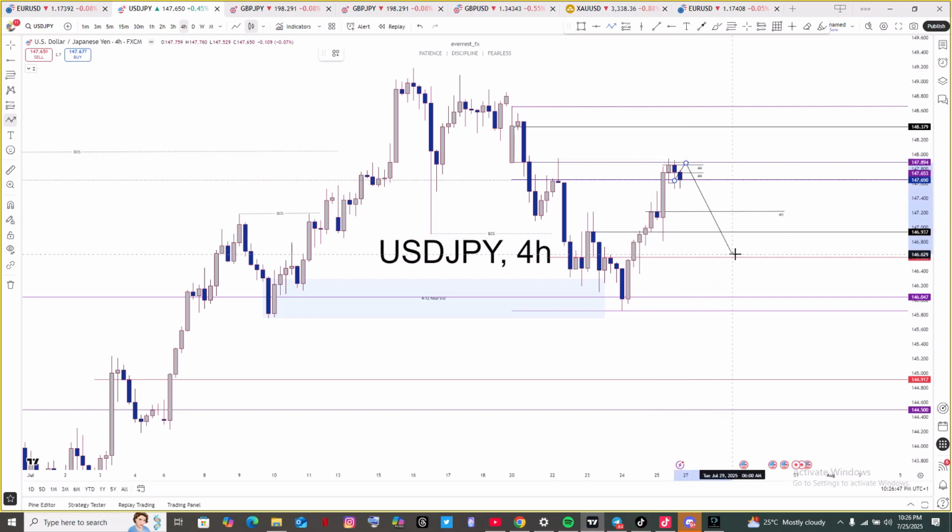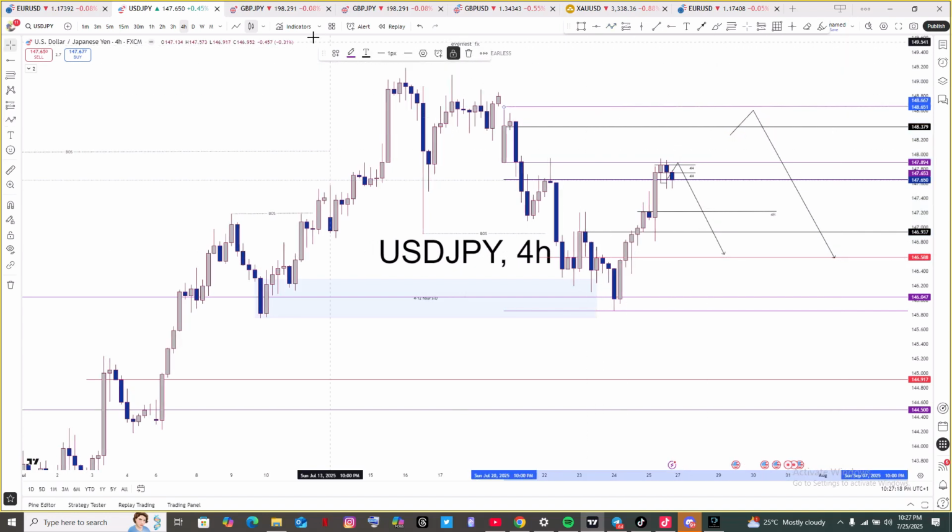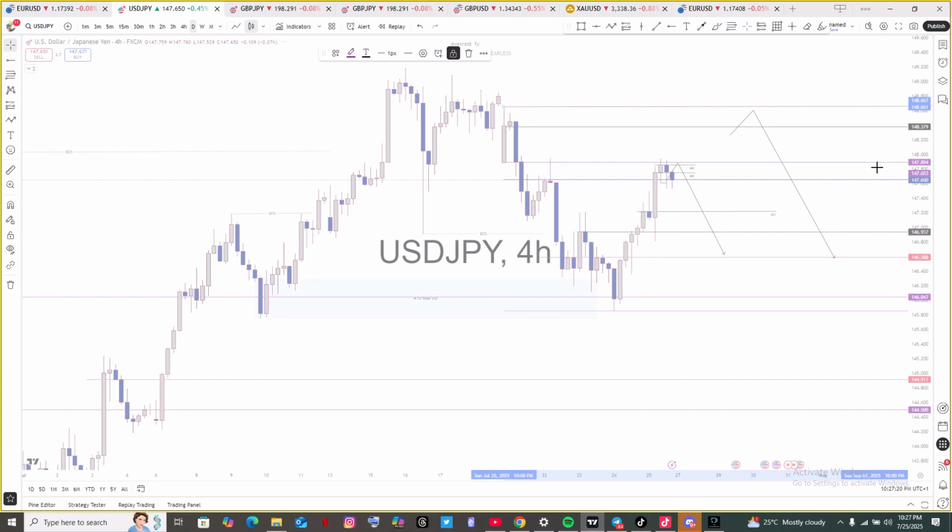At this point, this might be a bearish movement, or this, or a buy from here to this place, and then a sell. This is what I'm expecting on DXY. I'm expecting sell from here or sell from this place next week. Let's go back to our daily time frame.